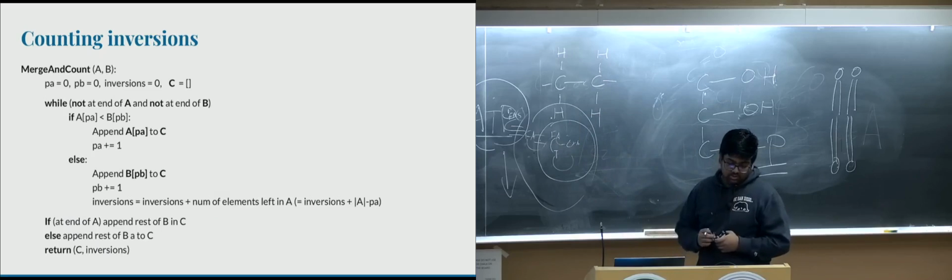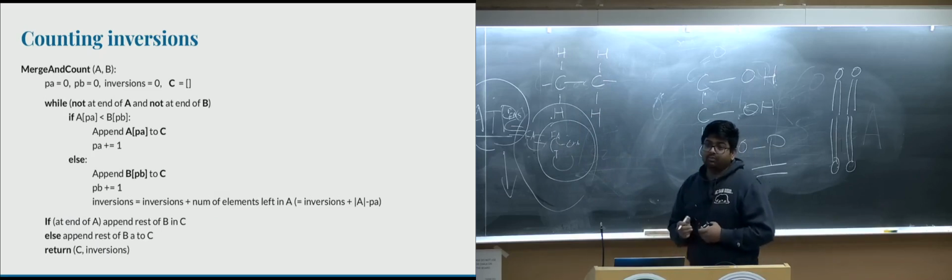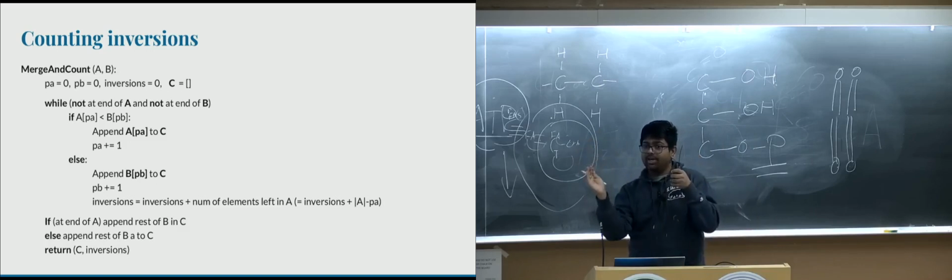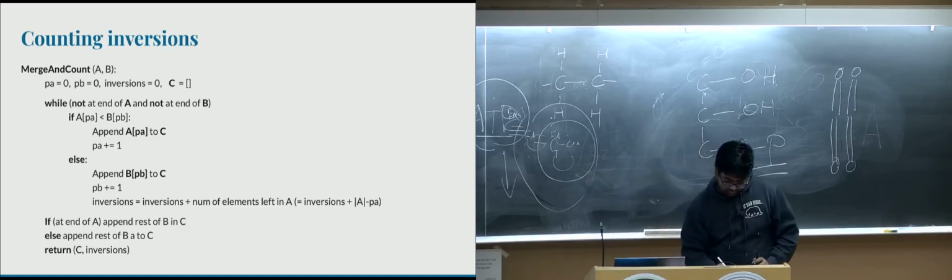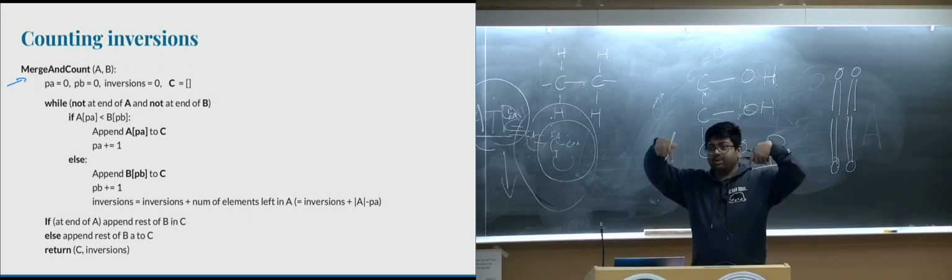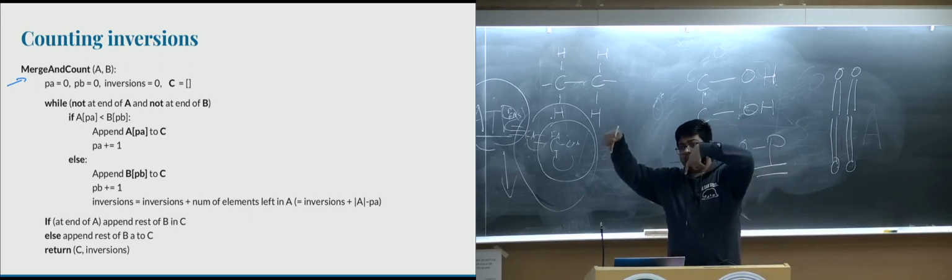So in counting inversions, we were interested in whenever we are moving an element from B to the left side, keeping track of by how many units it is getting moved. Right? So this merge step is exactly similar to merge sort. We will have two pointers and we'll keep moving them towards the right side until one of the arrays is completely traversed.